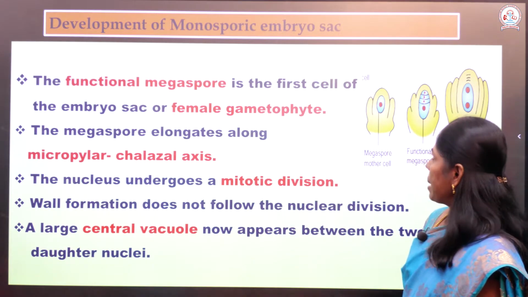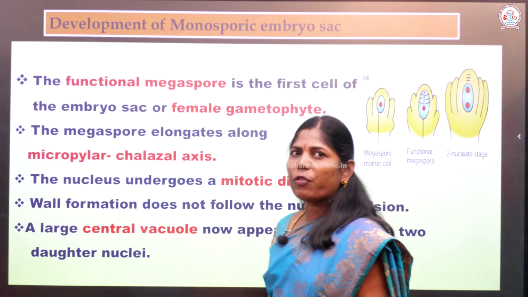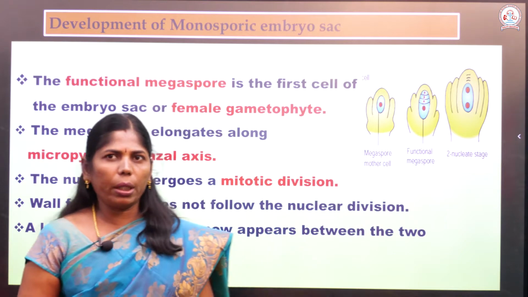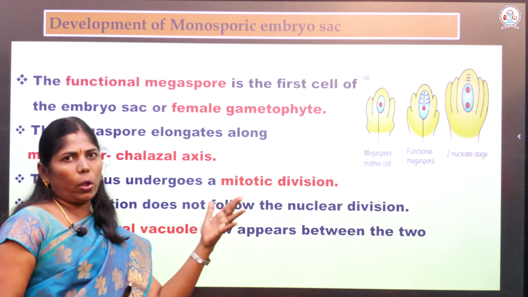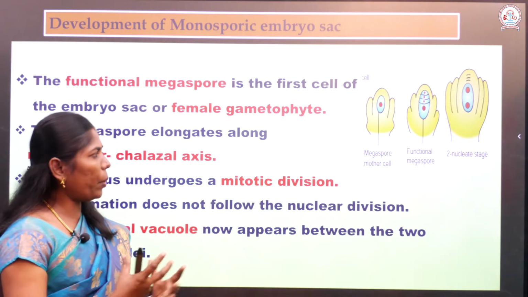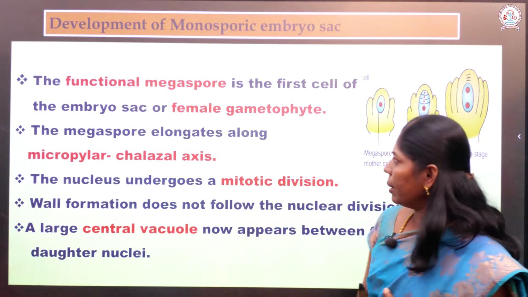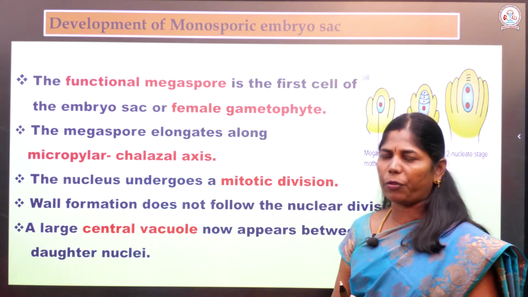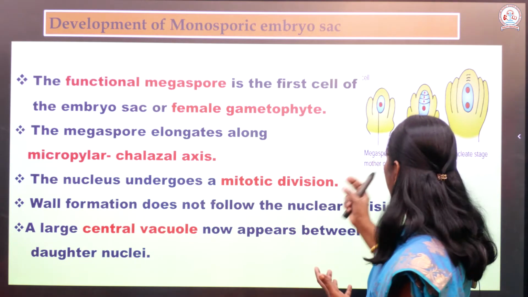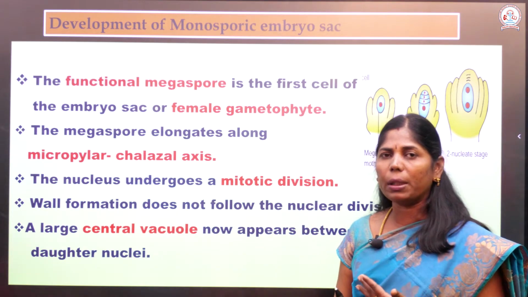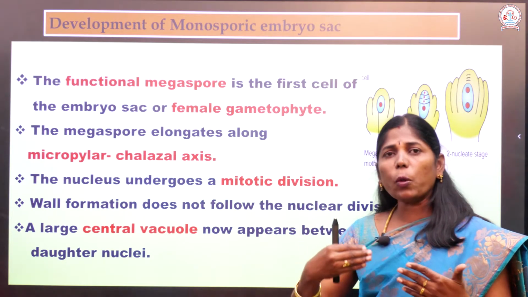So next we are going to see the development of the monosporic embryo sac, that's the Polygonum type. The embryo sac development we already studied. Here the megaspore mother cells are formed. How are the megaspore mother cells formed? They are formed from the sporogenous cells.